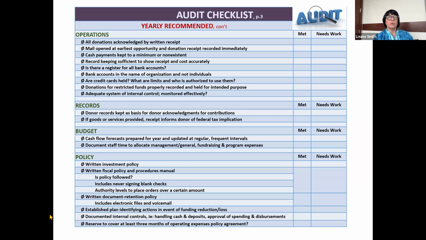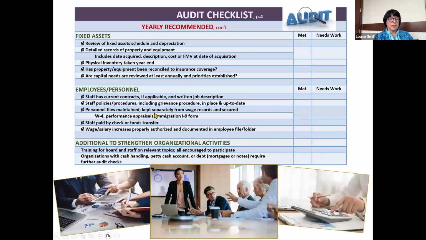All right, let's move on to fixed assets. Your organization should know exactly what you have. Usually with small to medium nonprofits, your financial people are probably using an Excel spreadsheet to keep all the details of each one of those, but the summarized information is in your accounting system.